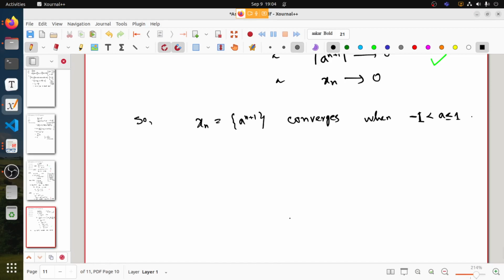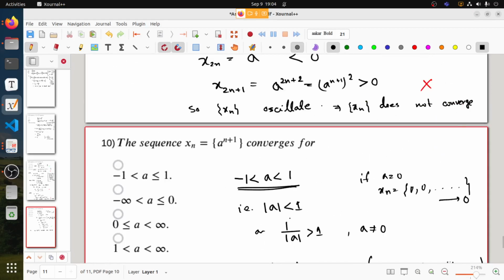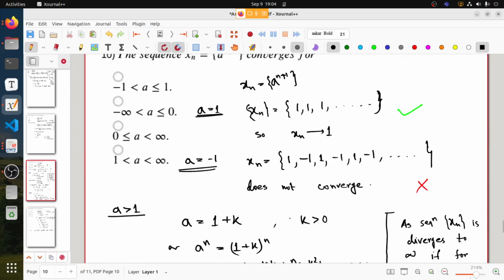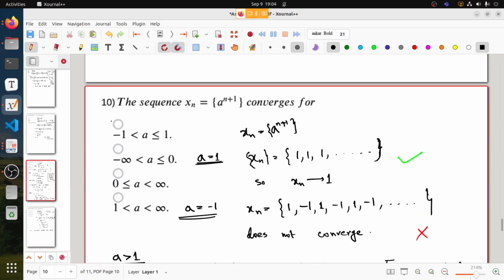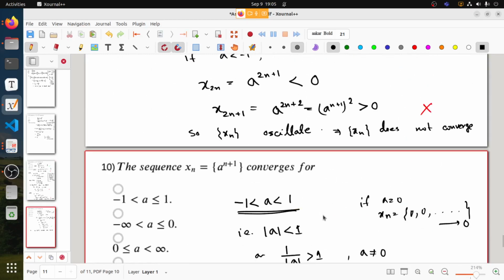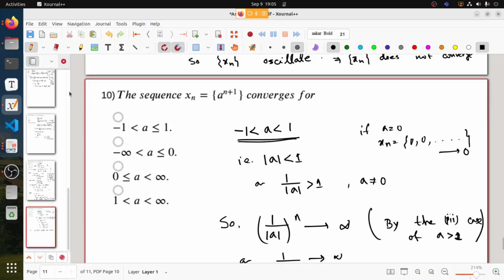Now check which option is correct. The first option is correct, so this option is correct.